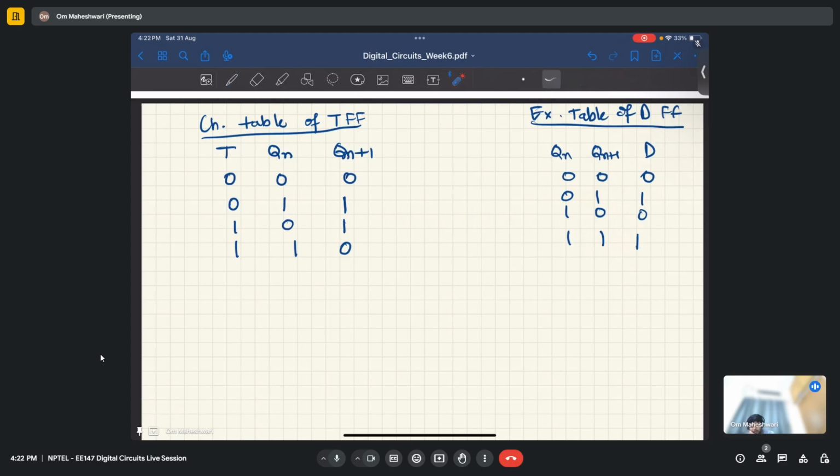Now we write this D here, same as Qn plus 1. Now next step is we write D in terms of T and Qn.